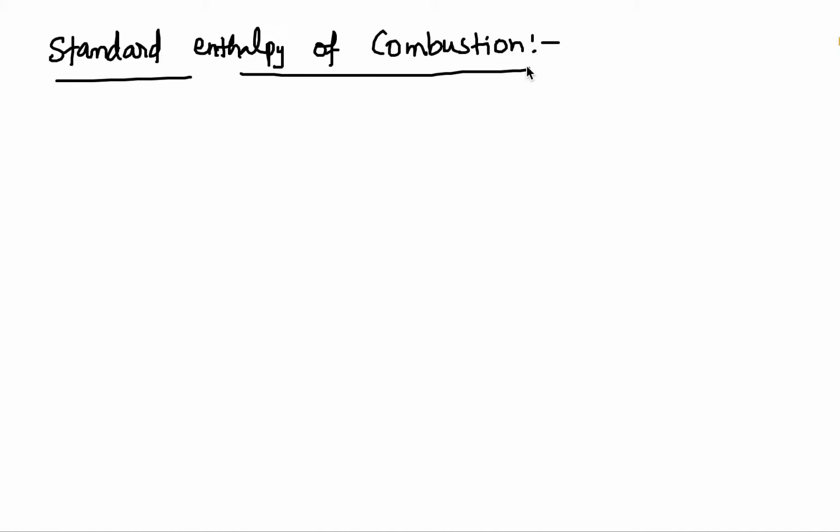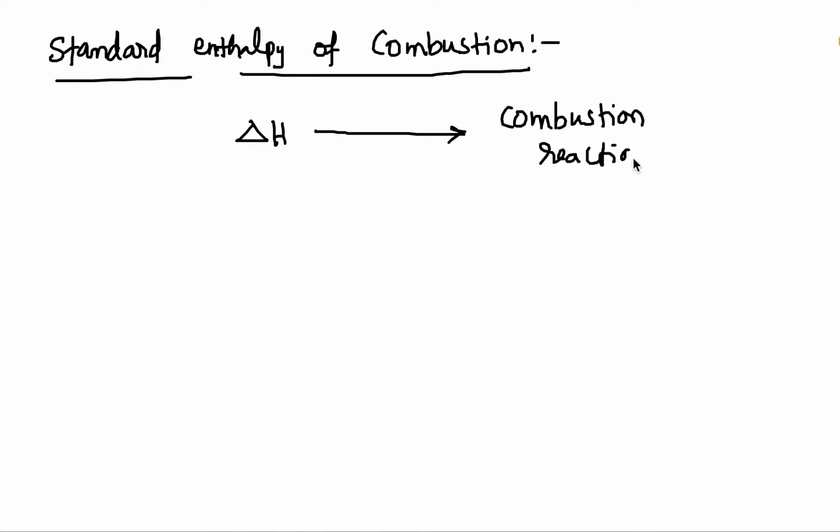So how is it defined? This is the enthalpy change associated with combustion reactions. As it is a standard state, that means at 298 Kelvin and 1 atmosphere. So combustion reactions' enthalpy change at 298 Kelvin and 1 atmosphere, and we must use one condition here.